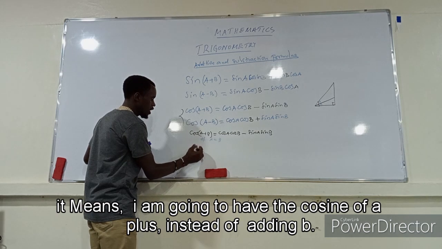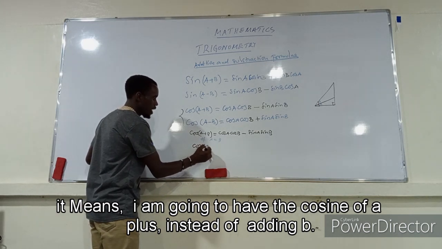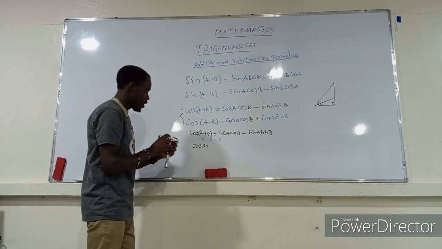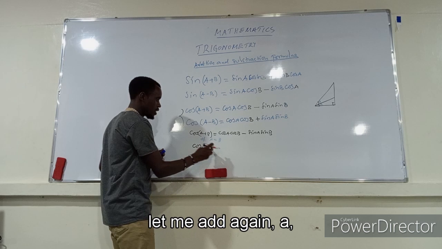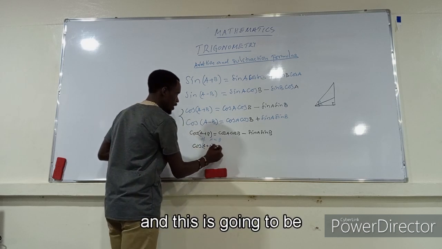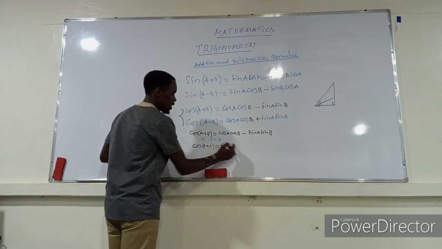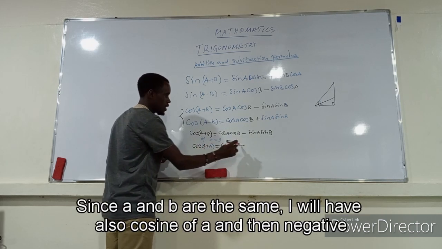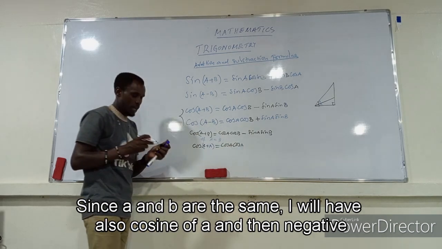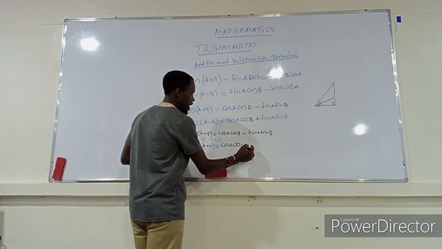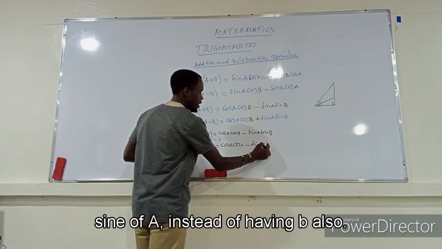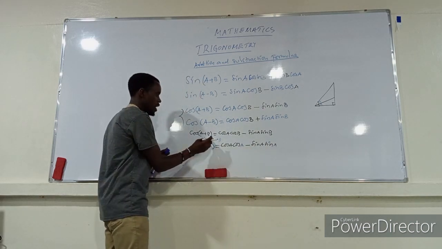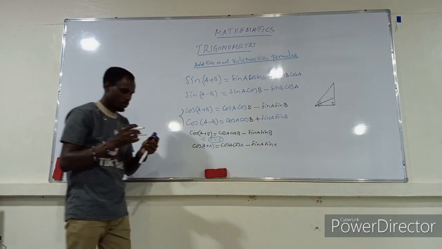It means I'm going to have cosine of A plus, instead of adding B, since A and B are the same, let me add again A. And this is going to be cosine of A, cosine of, instead of cosine of B, since A and B are the same, also cosine of A. And then negative sine of A, sine of, instead of having B, also A, because A and B are the same.